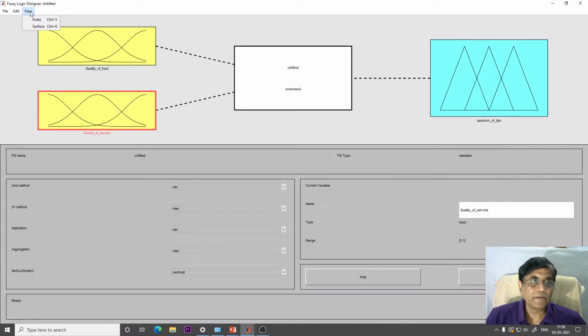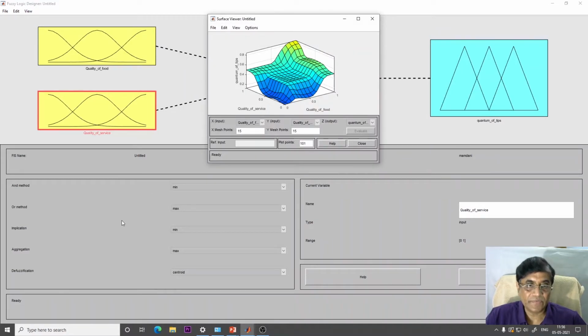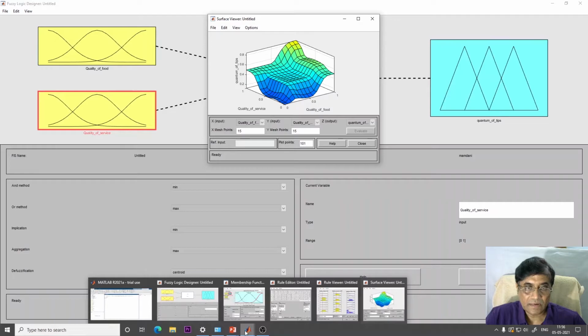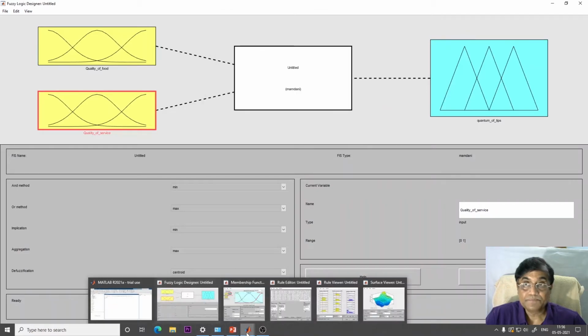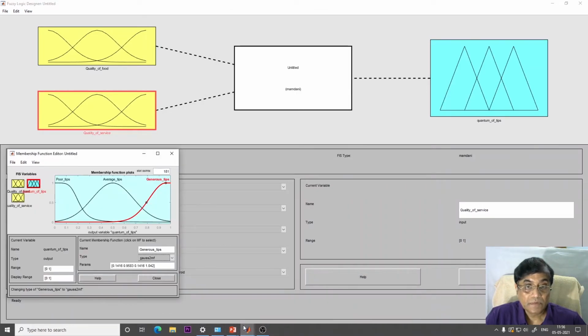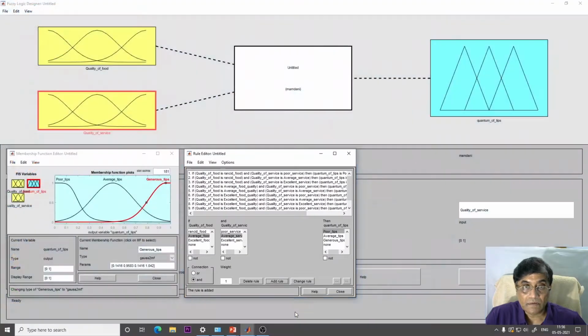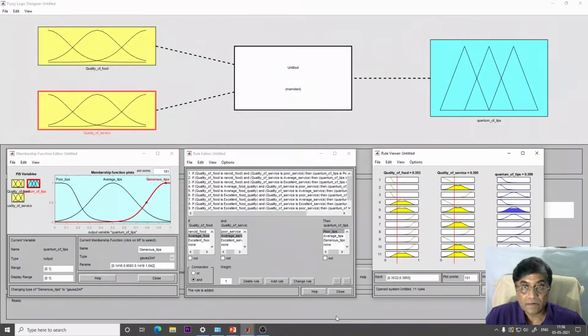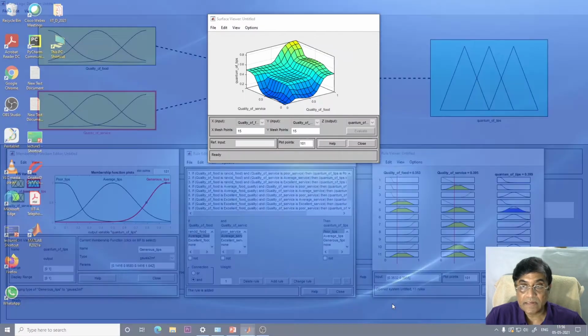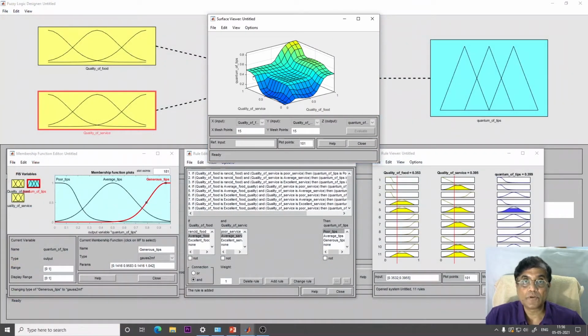Also, you can visualize the result in the form of a surface, you see, like that. So you see the rules, then this is my design output, and this is my output also in the form of a surface.